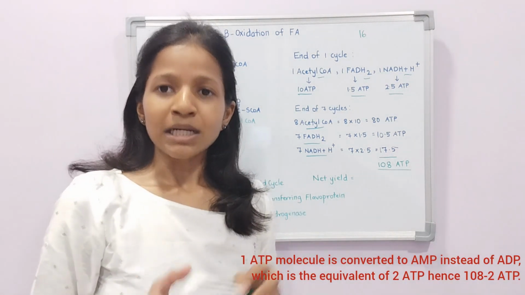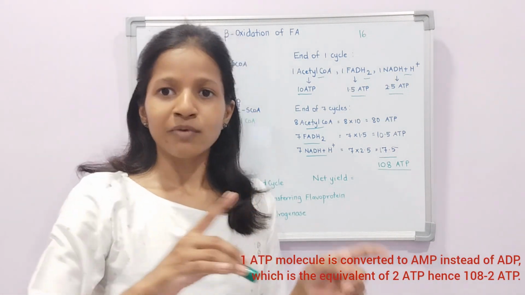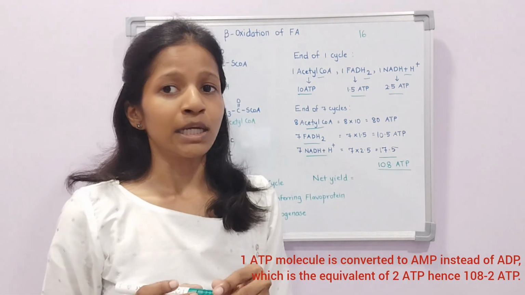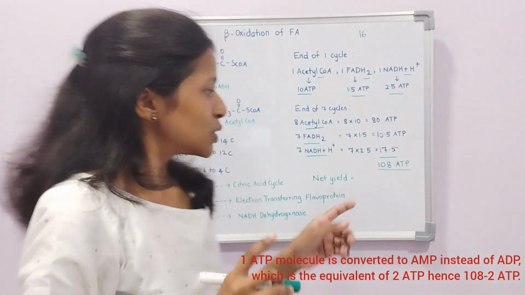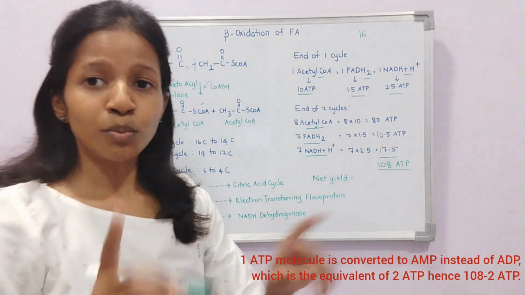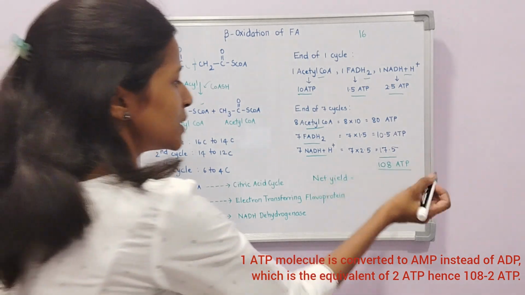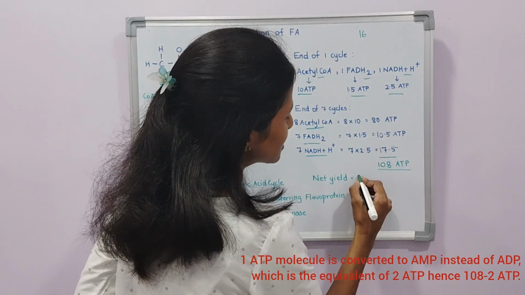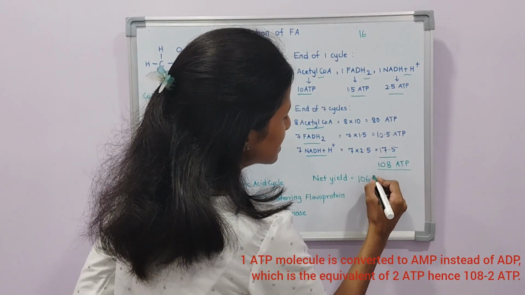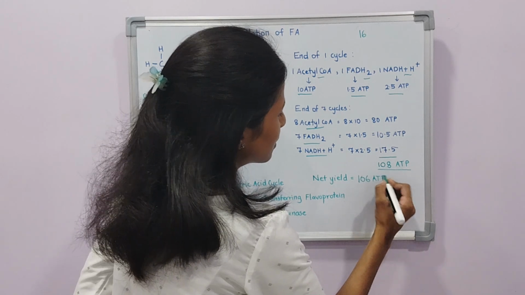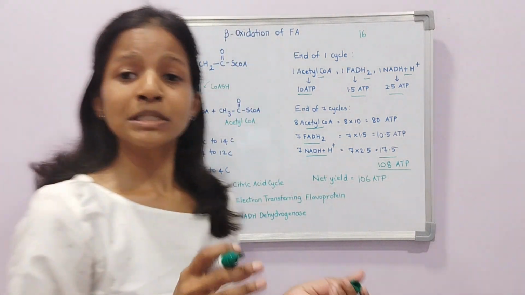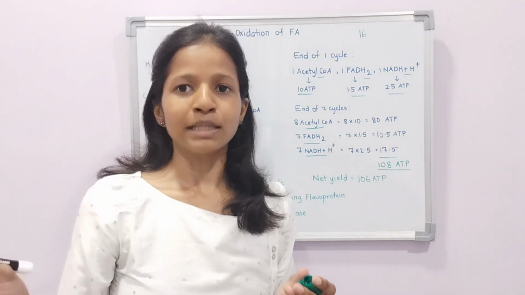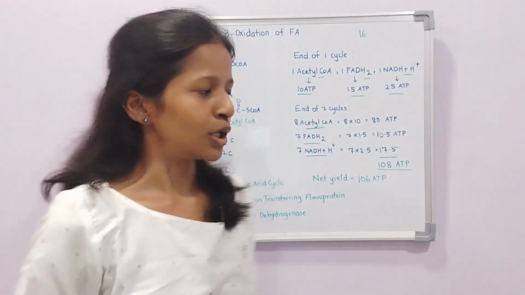But during the activation of fatty acid to fatty acyl CoA, a molecule of ATP was used up. So we have to reduce 2 molecules of ATP from this 108. So the net yield is going to be 106 ATP for a C16 fatty acyl CoA, palmitoyl CoA.